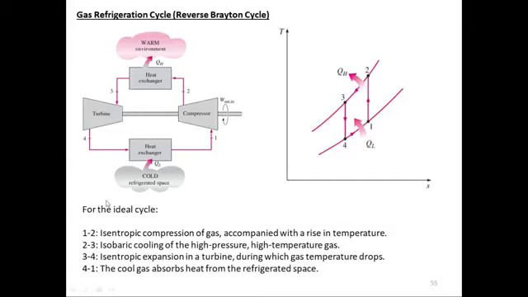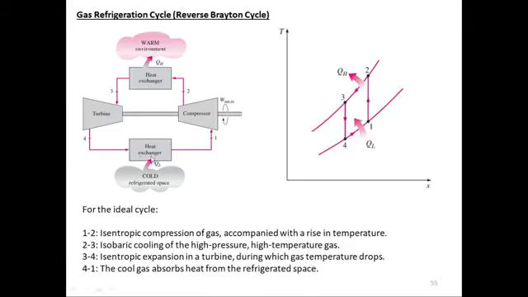So 1 to 2 is the isentropic compression in the compressor. 2 to 3 is the isobaric cooling of the high temperature. Make note of this isobaric. In the vapor compression system we have isothermal process, but here it is isobaric cooling of the high pressure, high temperature gas. 3 to 4 is the isentropic expansion in the turbine, during which gas temperature drops, and 4 to 1 is the cool gas absorbs heat from the refrigerated space.